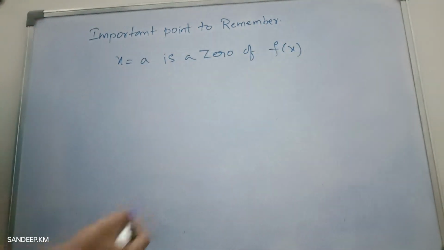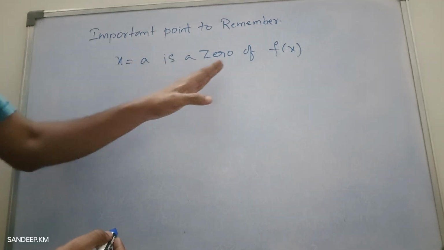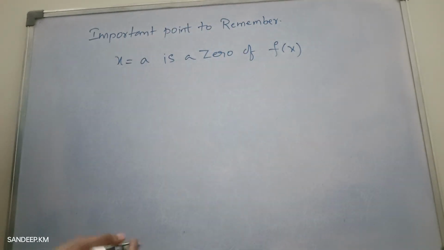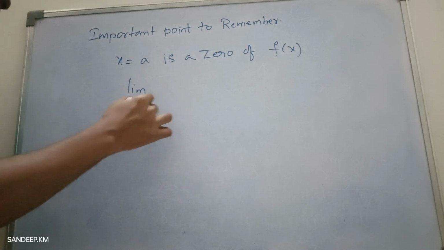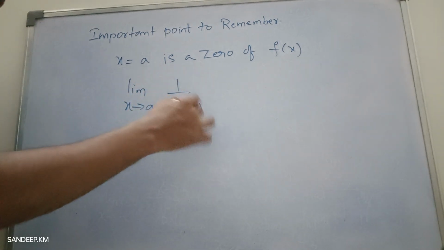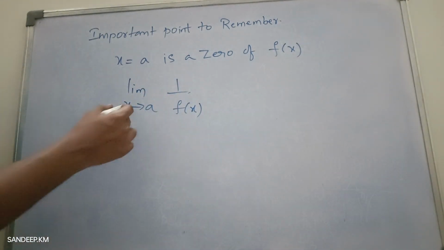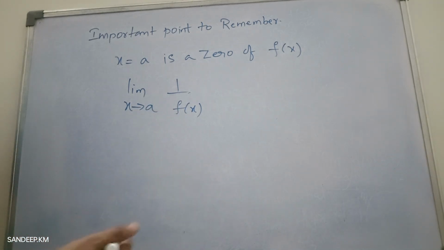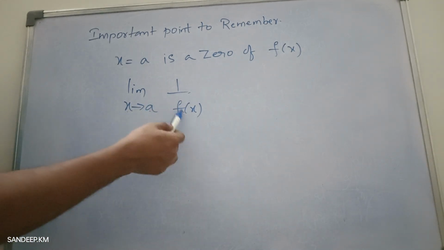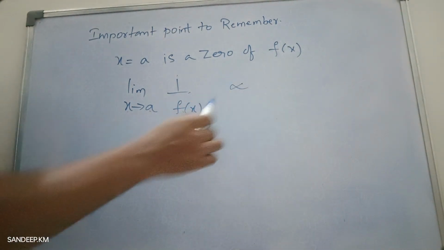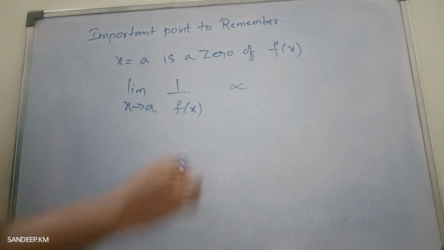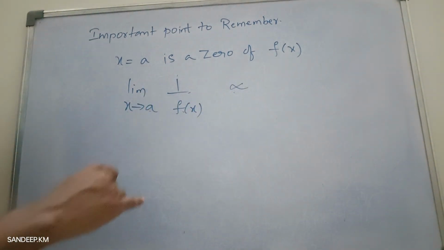And at the same time you are trying to find limit x approaches a, 1 by f of x. Then what happens, dear students? When x is approaching a, f of x is approaching 0, then you are getting 1 by 0, which means your answer looks like plus infinity. Correct or not? In these kind of situations, you find LHL and RHL.